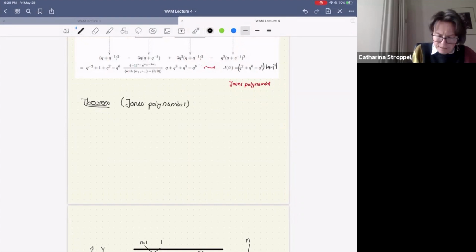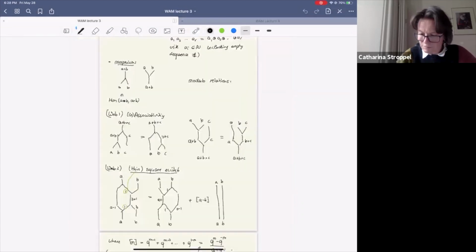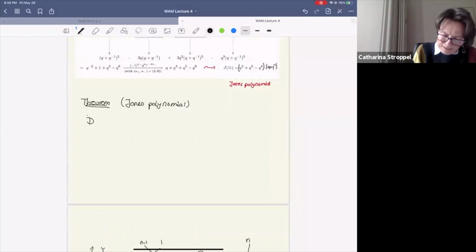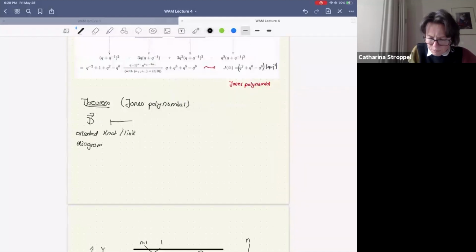When I start with D, but now D should be an oriented knot or link diagram. So I include an orientation. Then I do the same procedure as before. I take the corresponding diagram where I forget the orientation, D with orientation forgotten.